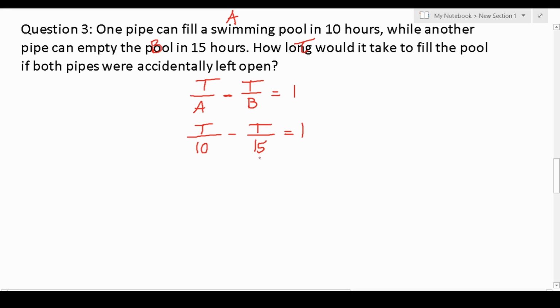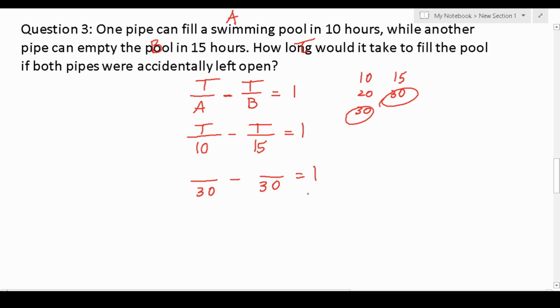In order to do this, we're going to have to find a common denominator for both of these fractions. And in this case, it's pretty easy. Let's list out multiples of 10: 10, 20, 30. Multiples of 15 are 15 and 30, so we can see that 30 is going to be our common denominator between these two. So let's go ahead and get that set up.